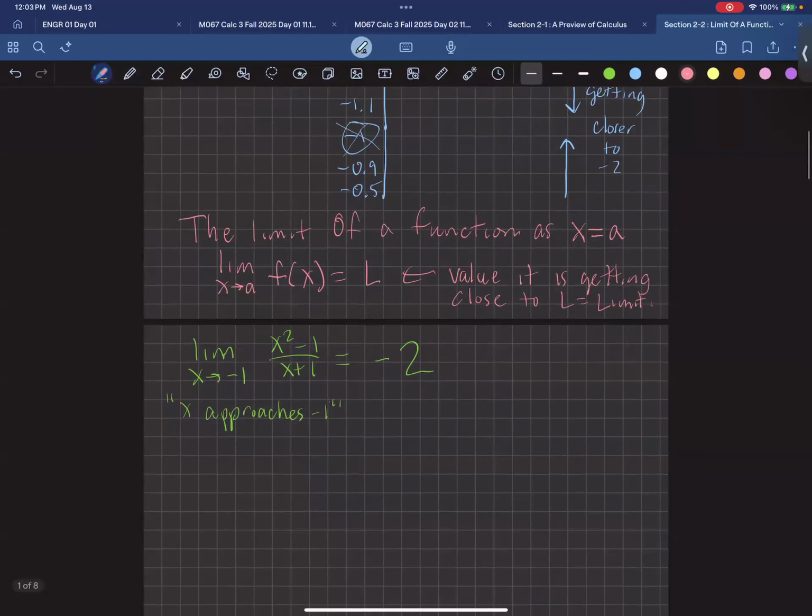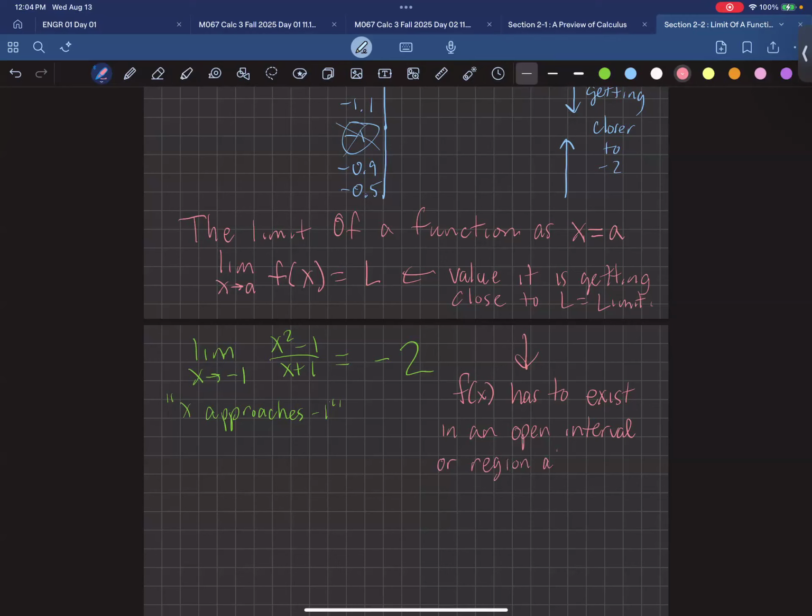So this limit thing, f of x has to exist in an open interval or region around x equals a, but not necessarily at a.